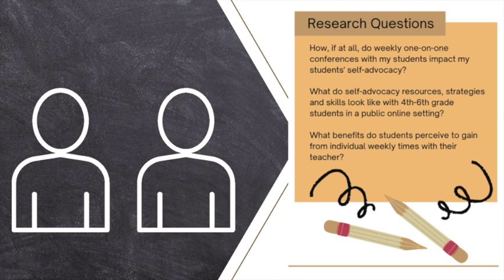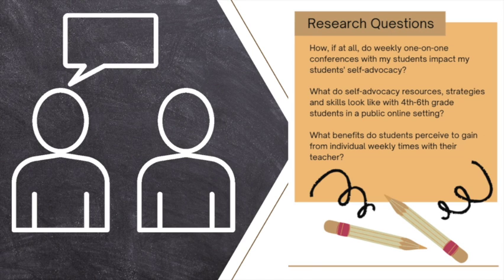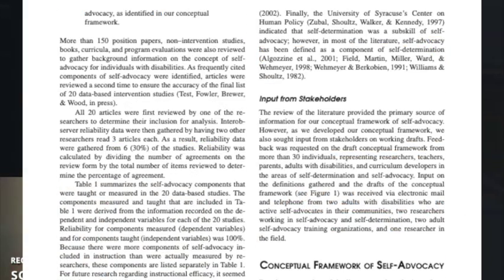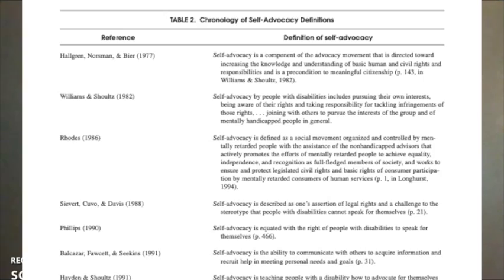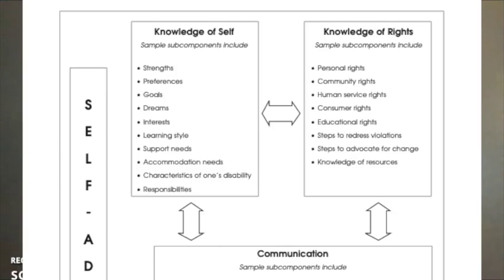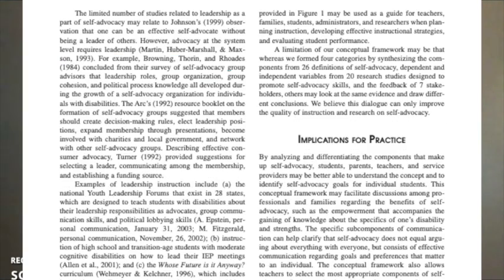I conducted my action research, intervention, and data collection for 9 weeks in March through May. Using a framework for self-advocacy from a Test et al. article and study, my goal was to teach and to measure the 4 self-advocacy traits that they outline.